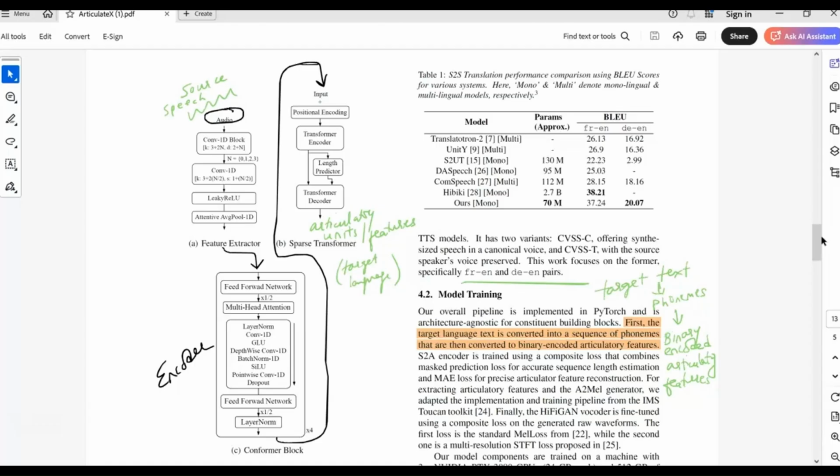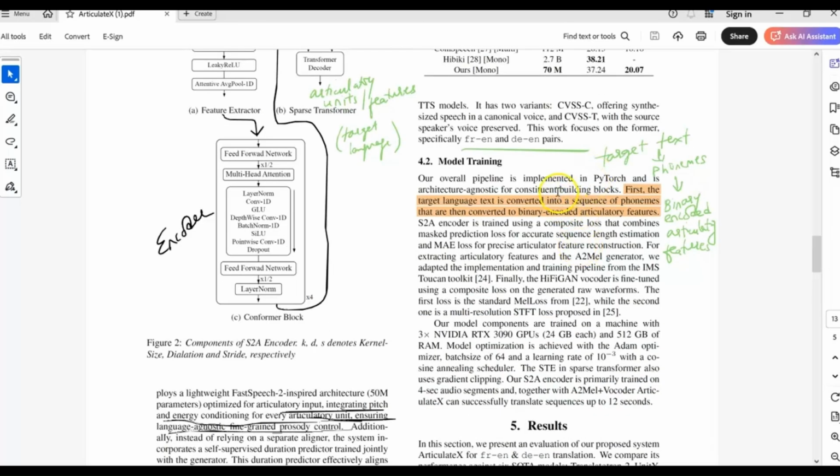You need those pairs. I didn't find sufficient information in the paper for me to fully understand how they're producing those articulator units for training. I wish I had a little bit more detail there, but I'll try to explain based on what I understood from what we have here.